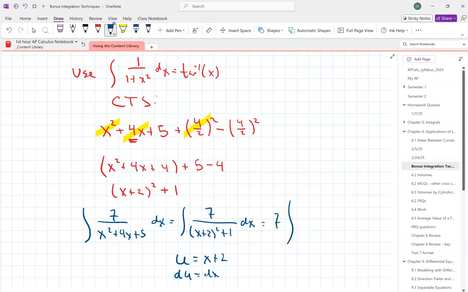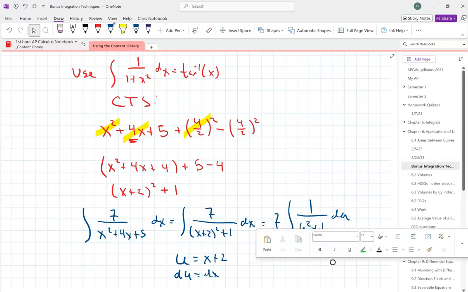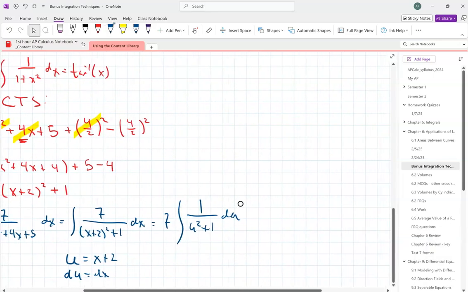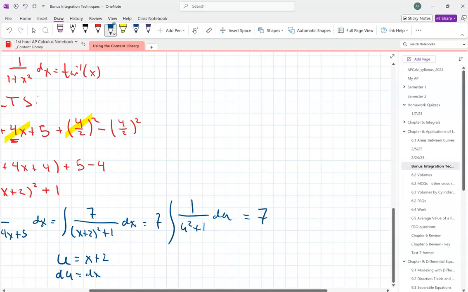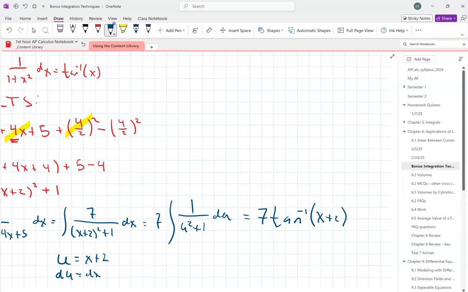So when I pull the 7 out front, I can do this, which is my tan inverse antiderivative. And I'll put my u back in plus c. How's that one look for you?